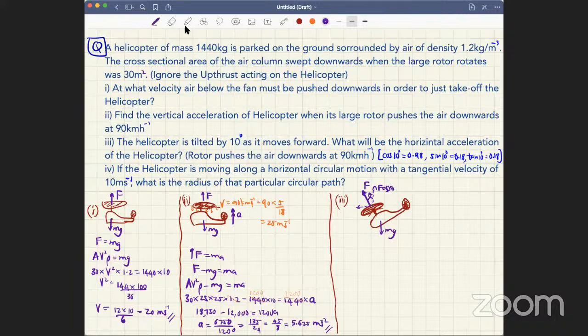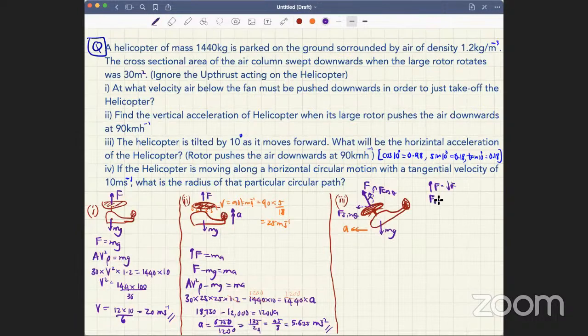The vertical component is F cos theta. The horizontal component is F sin theta. And the helicopter has an acceleration of a. And are they asking for that? Yeah, they're asking for that. So first of all, we can say the upward force must be equal to the downward force.